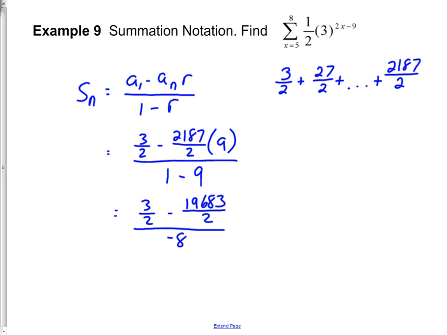Okay, so if I simplify the numerator down, I can add 3/2 to negative 19,683 halves. If I do that, that should give me a negative 19680 divided by 2, divided by negative 8.